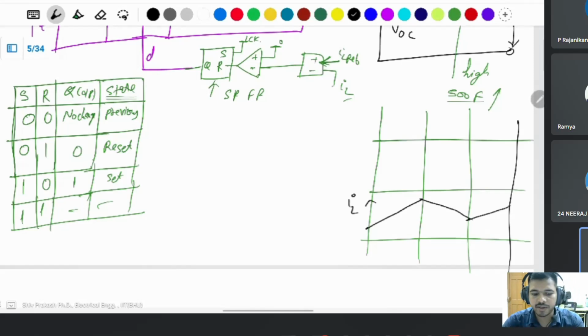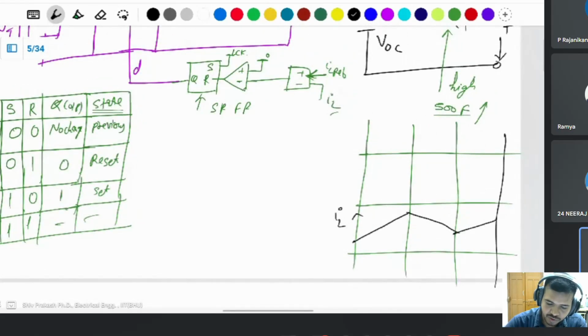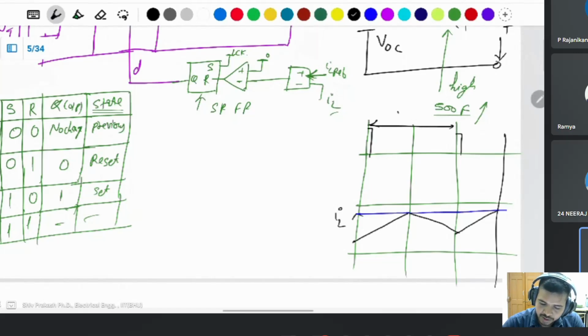There is a requirement of some reference IL, reference current of this one. Suppose if you use the same thing, a constant reference signal, then this is the total time period TS.